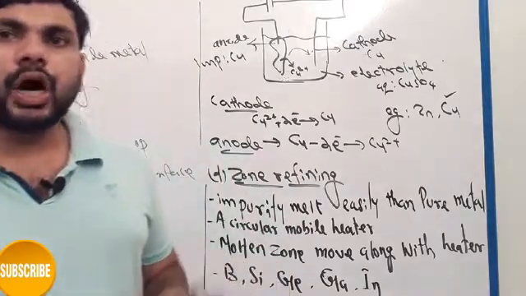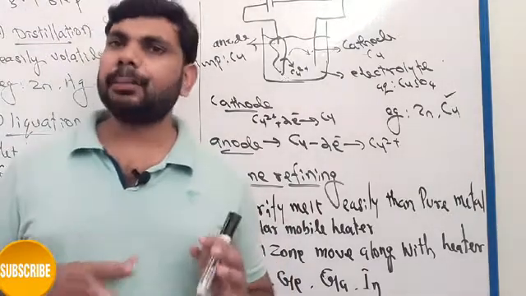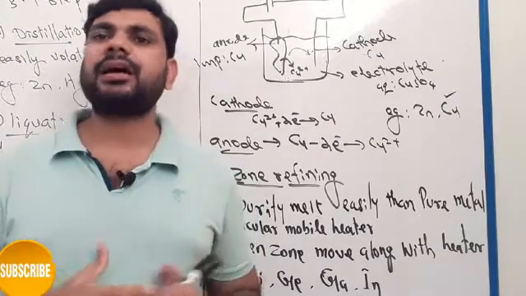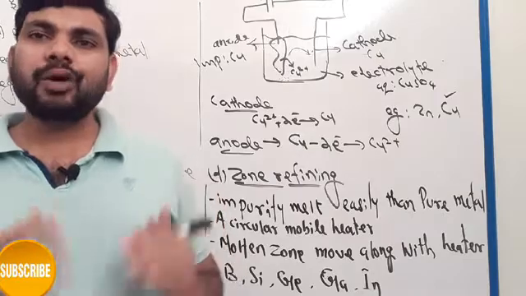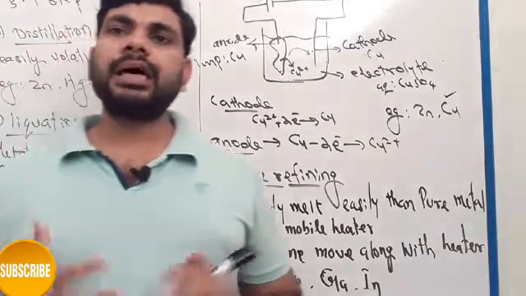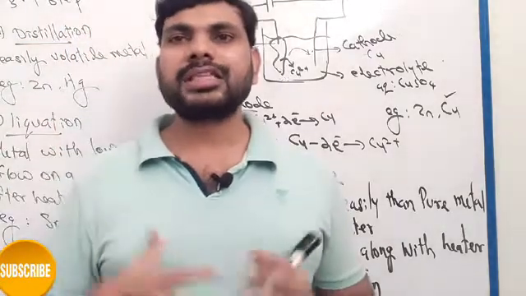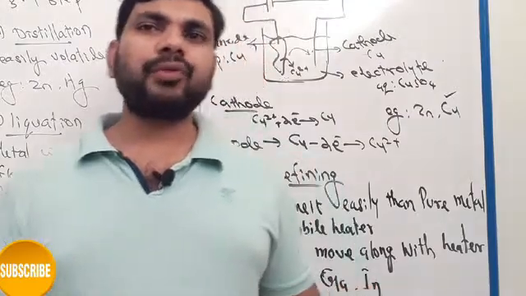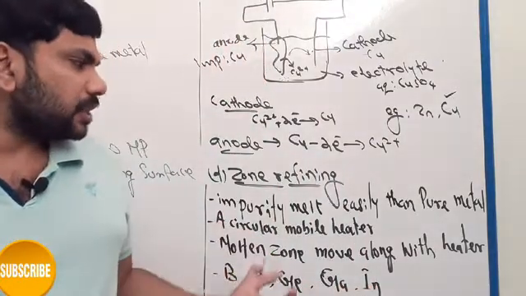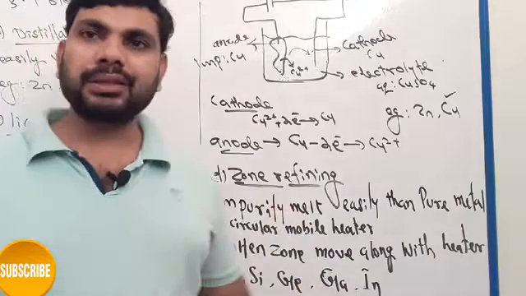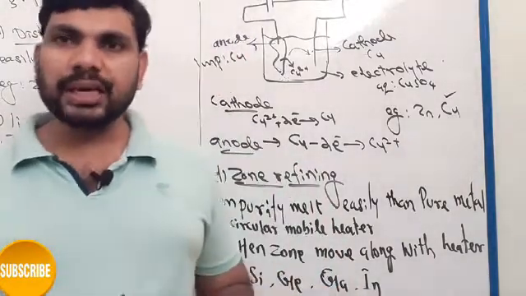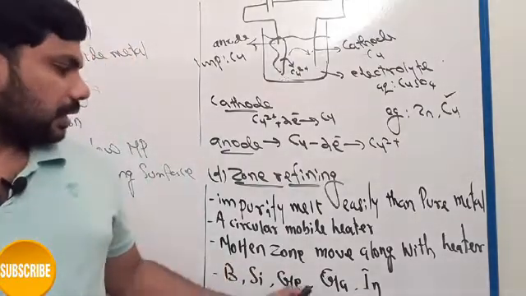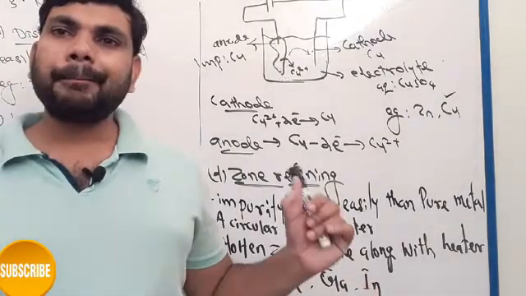So here in zone refining, mainly metalloids are involved. Zone refining is related to metalloids, and it helps to make semiconductors. Examples of elements purified by this method: boron, silicon, germanium, indium, gallium.